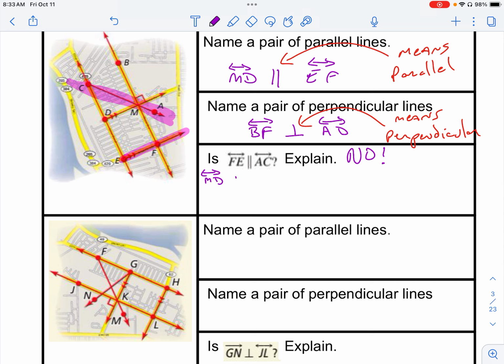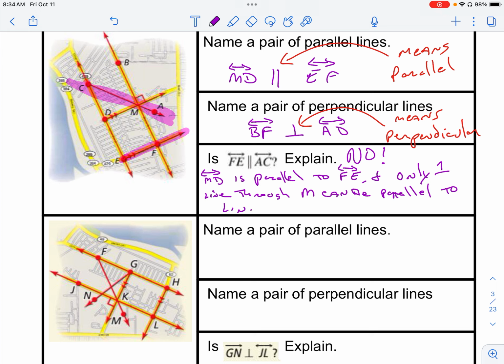So line MD is parallel to line FE. And only one line through M can be parallel to line FE.